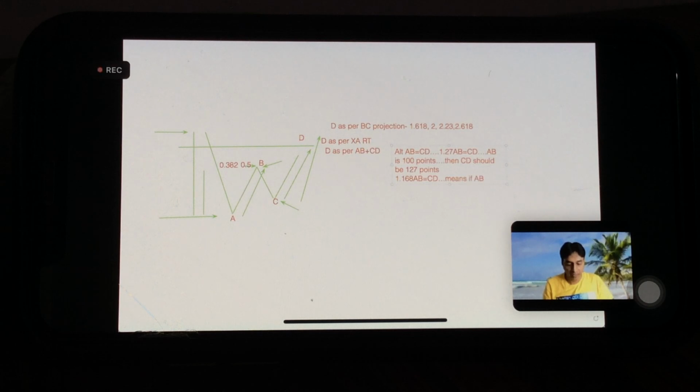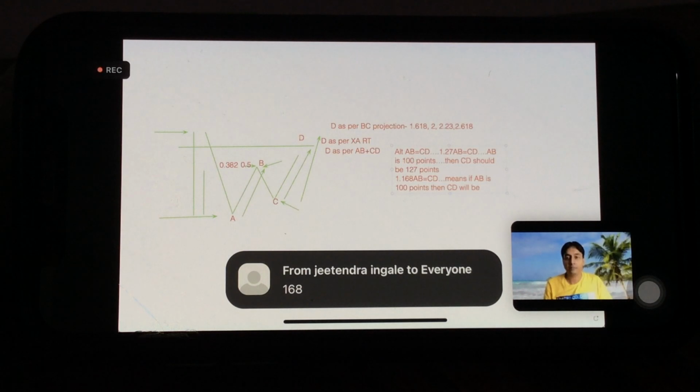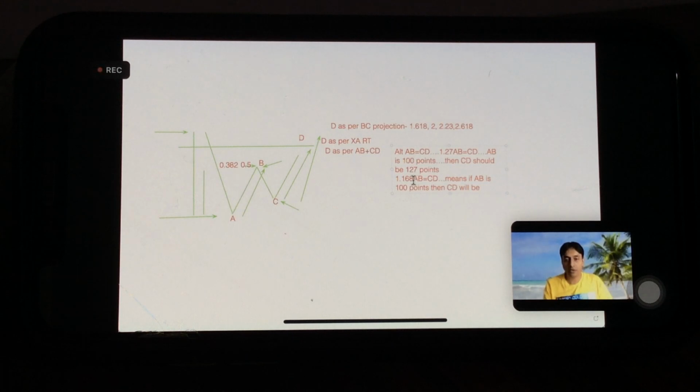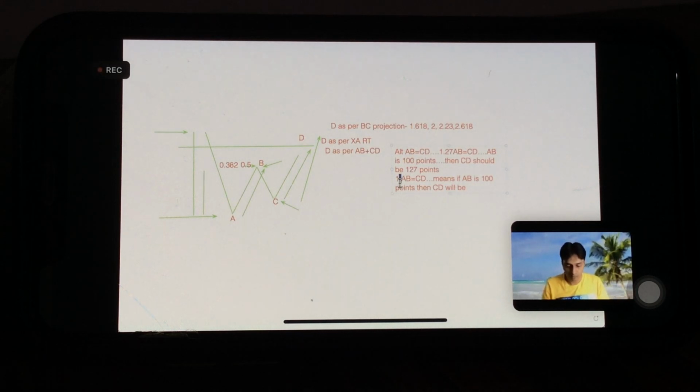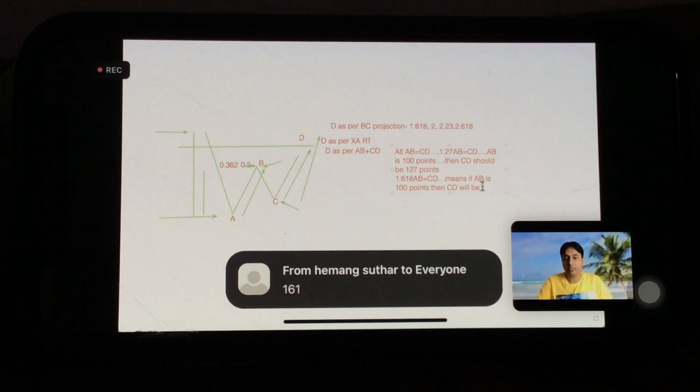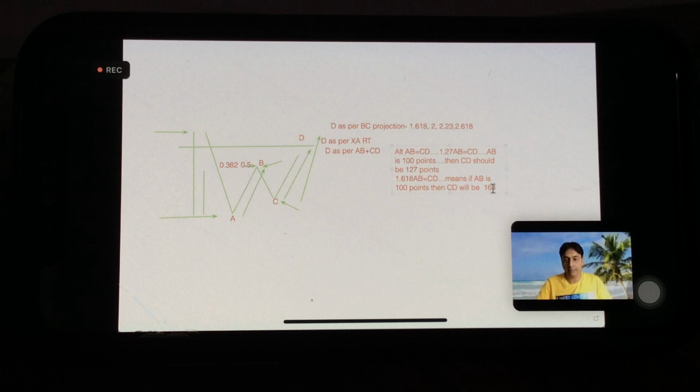Means if AB is 100 points, then CD will be how much? It should be 161.8, right?